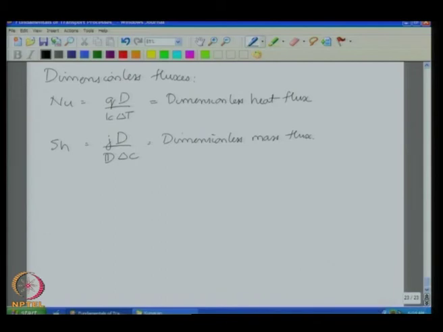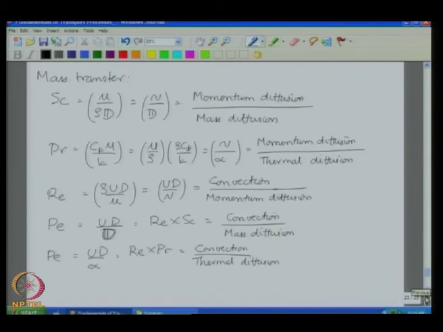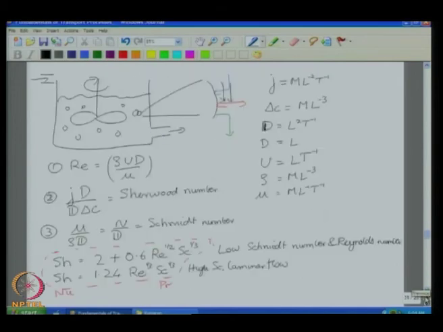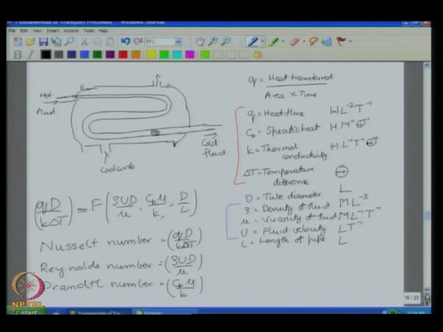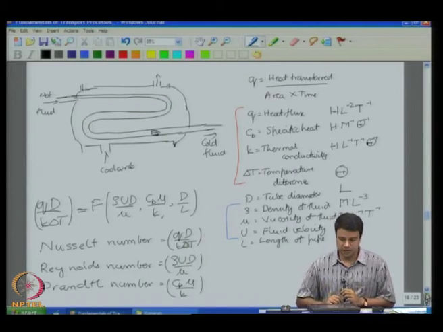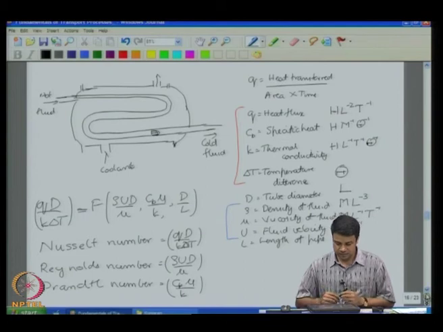To summarize what we have done so far, we first looked at the heat transfer problem, the heat transfer in a heat exchanger, and we first did it simplistically, the way that we normally do it if we were just given a dimensional analysis problem. We listed out all the dependent variables, the heat flux, the specific heat, thermal conductivity, temperature difference, as well as the various mechanical parameters that can affect this, the tube diameter, the density, viscosity of fluid, fluid velocity and the length of the pipe.